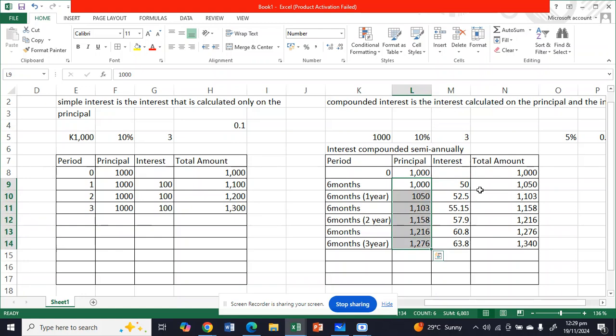And with compound interest, you expect to have more than with simple interest. It's just that the number of years is small, that's 3 years. But if we go further on, after 10 years, the difference will be big. Yes, so this is basically the illustration of the difference between simple interest and compound interest.